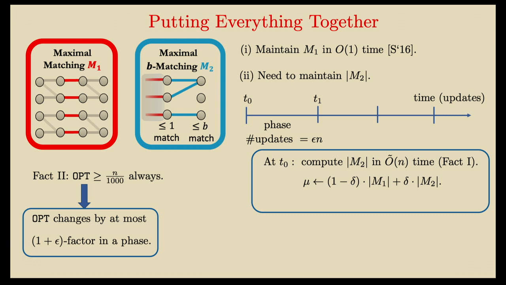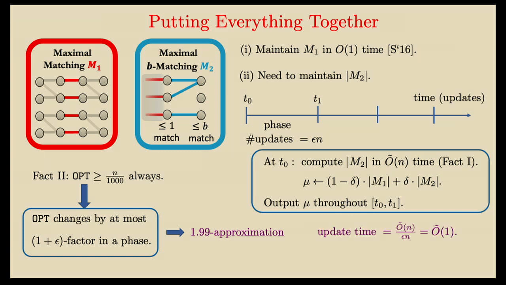We know that mu is better than a 2 approximation, so just output mu throughout this phase, because we know opt did not drop by more than a 1 minus epsilon factor, mu remains a 1 plus epsilon approximation throughout the phase, that is it. So, maintain M1 in the background using existing work, at the start of a phase use Sohail's algorithm and just be lazy throughout the phase, that is it.